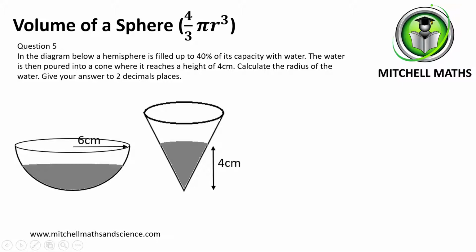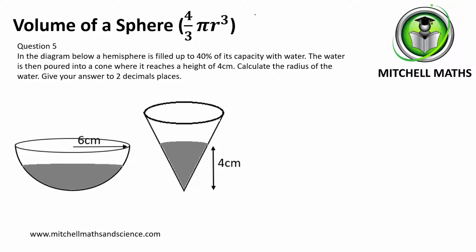Right, so the first thing we know is that the hemisphere has been filled up to 40% of its capacity. To work out what that is, we're going to need to work out the total volume of the hemisphere first. We know the volume of a sphere is 4 over 3 pi r cubed, but a hemisphere is only half the size.